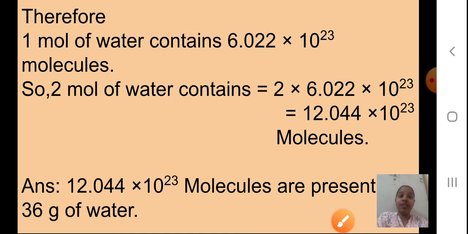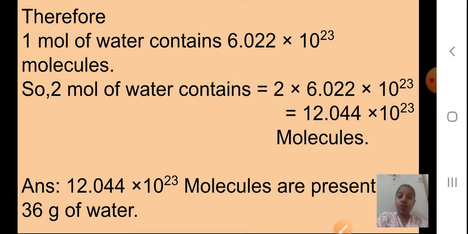Therefore, 1 mole of water. Now we have studied that for any substance, if it is 1 mole of that substance, how many molecules will be there? Avogadro's number. So 1 mole of water contains 6.022 into 10 raised to 23 molecules. Is this Avogadro's number?